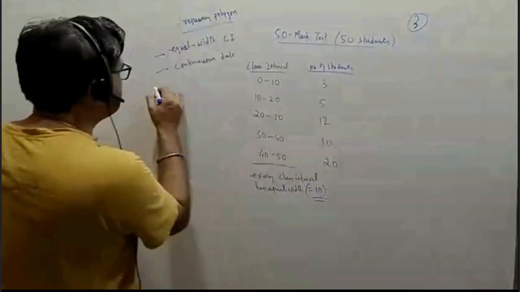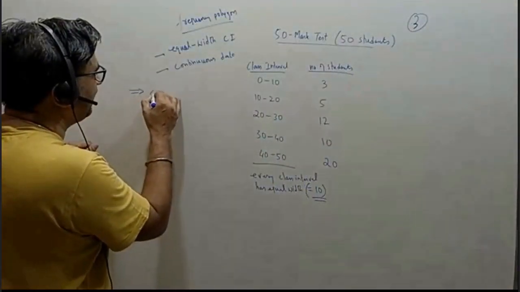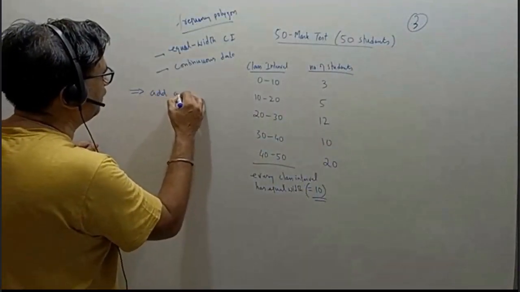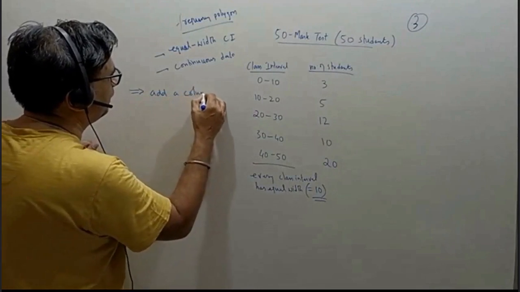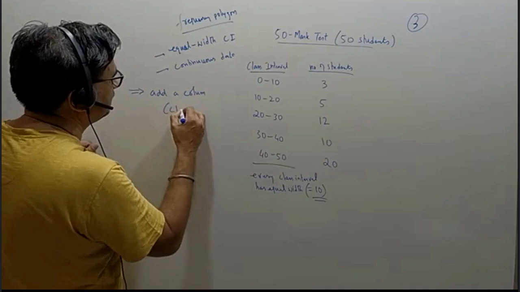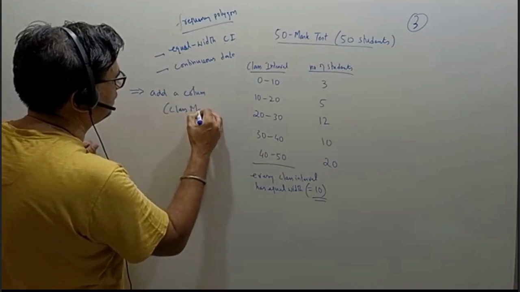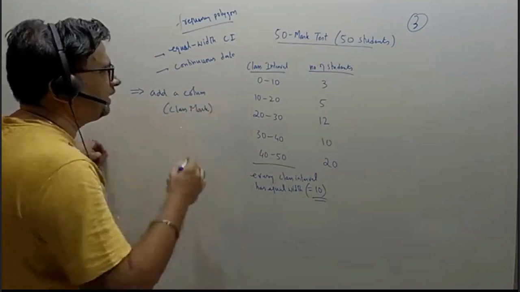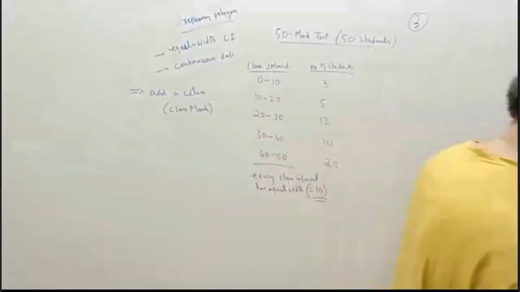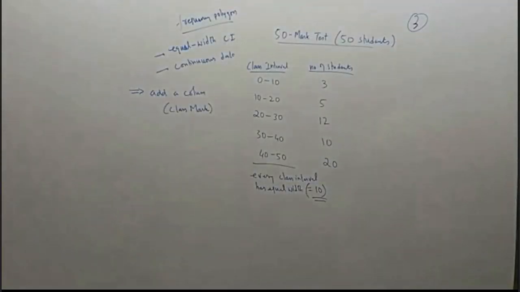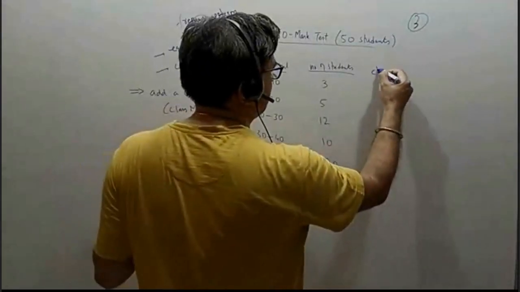So in this case, we add a separate column, and that's called class mark.